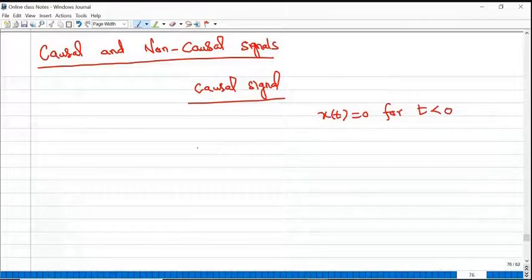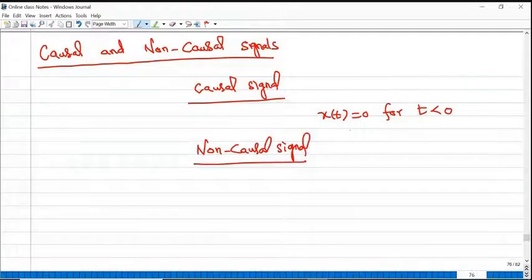That is a causal signal. Otherwise, it is a non-causal signal. If there is information available on the negative side as well as the positive side, then it is a non-causal signal.